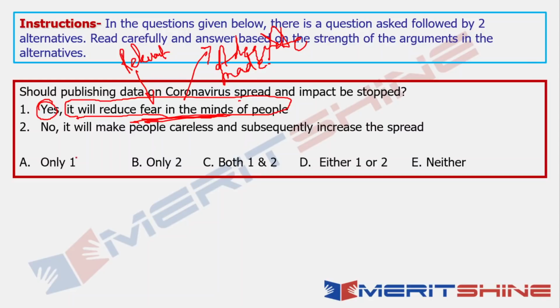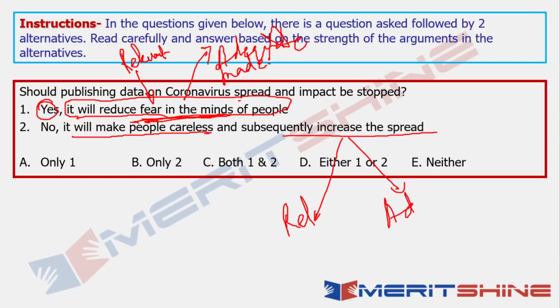Okay? Right now, if it will make people careless and subsequently increase the spread, relevant? Yes, definitely. Talks about the virus spread. Adequate? Yes, it's also adequate. If a negative effect would happen if I do that action, so when do I not do an action?